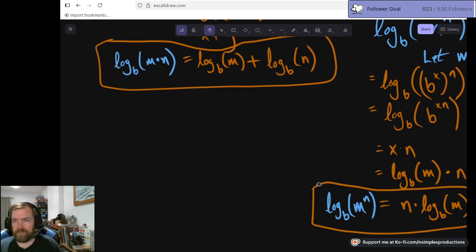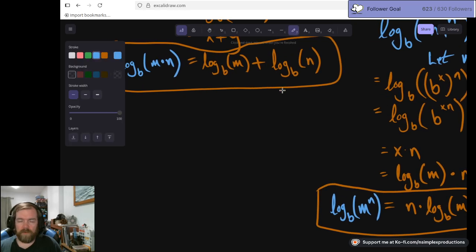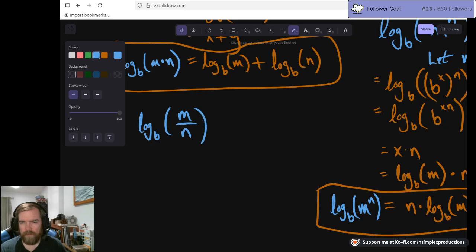So then what about log base b of m over n? Now I see that there are two ways to go. This could be the log base b of m times n to the negative first.